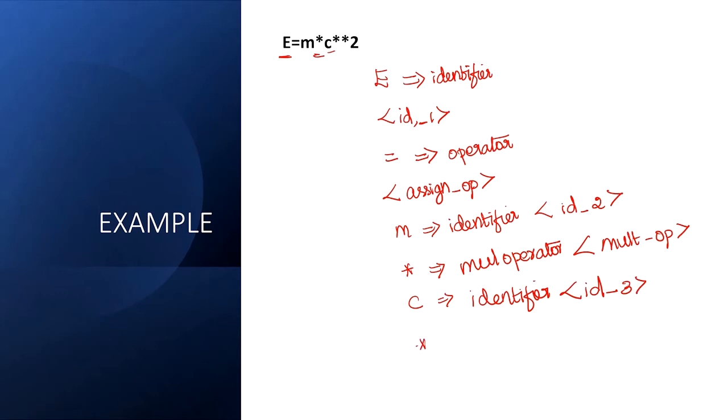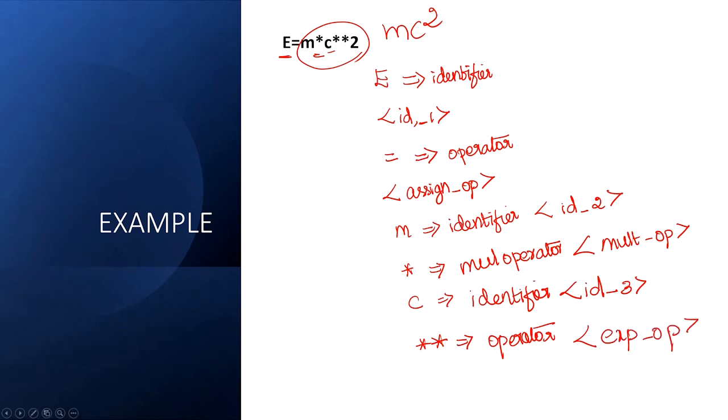Then the double asterisk. The double asterisk is also an operator. What operator is it? It is an exponential operator, meaning M C square. So double asterisk means exponential operator, and I am representing the token like EXPOP. Finally we have 2. 2 is a constant.